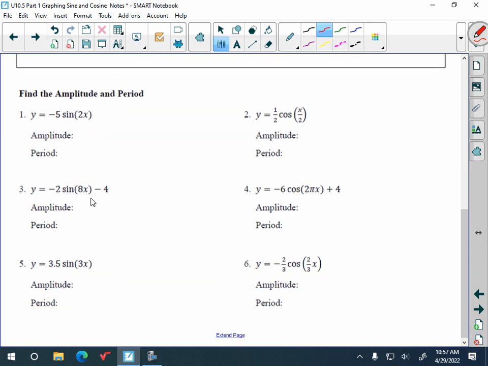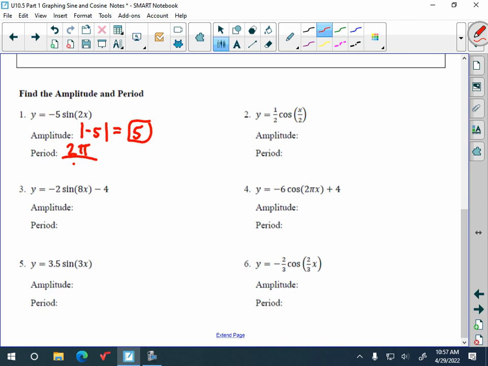All right, so let's go ahead and practice each of these. So given number 1, y equals -5 times the sine of 2x, we want to give the amplitude and period. All right, so to get the amplitude, we're going to take the absolute value of the a. So the a value is -5, and so the absolute value of -5 is +5. All right, the period, we're going to do 2 pi and divide it by the b value.